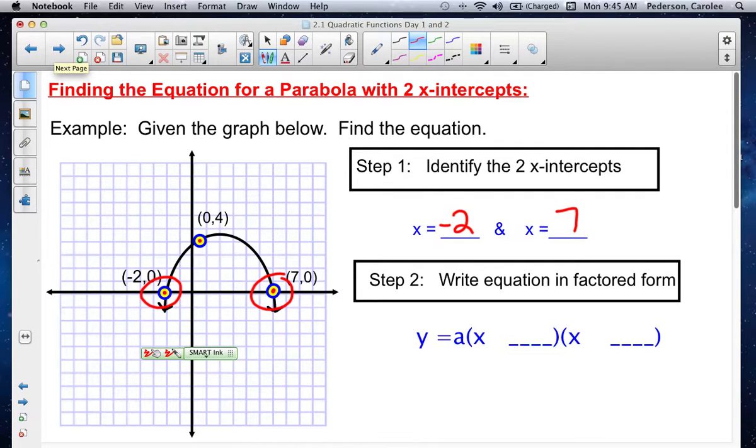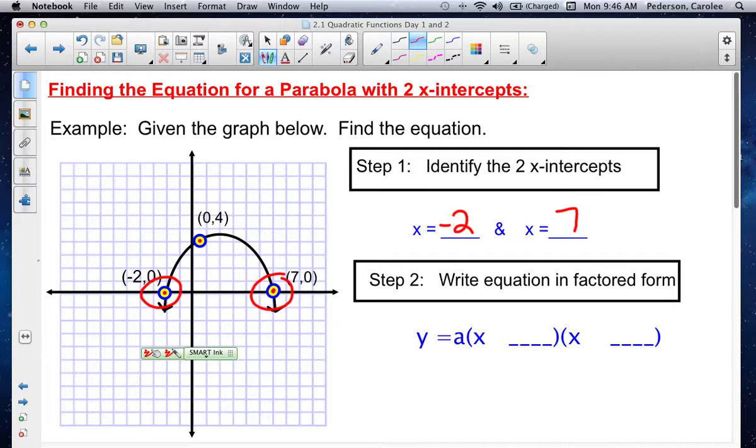Then we're going to rewrite it in factored form. So remember when we were finding x-intercepts, we would set the equation equal to 0 and we'd solve for x, and we'd use the zero product property and set the factors equal to 0 and solve for x? Remember how they always turn out to be opposite signs?